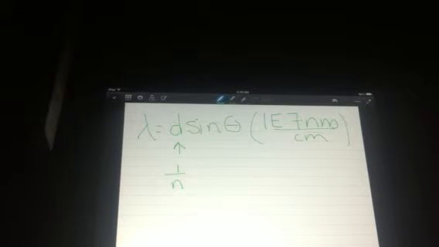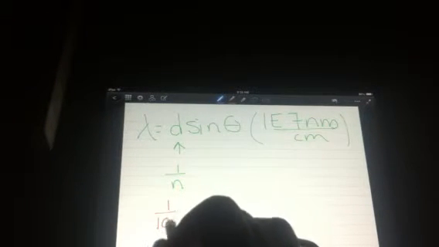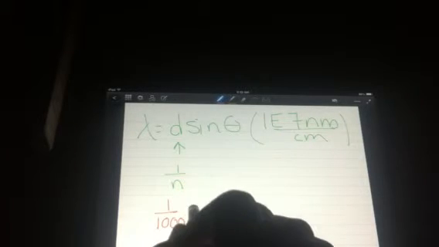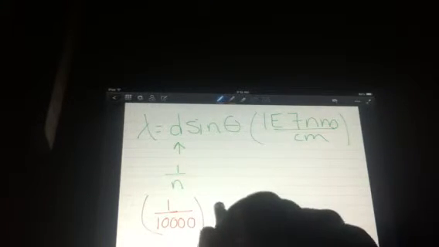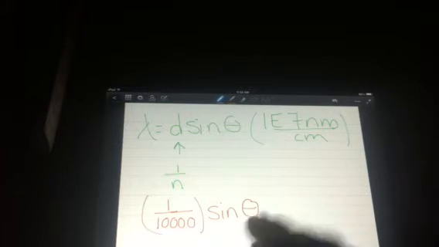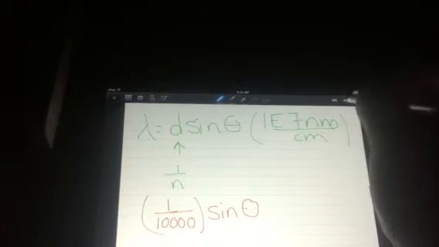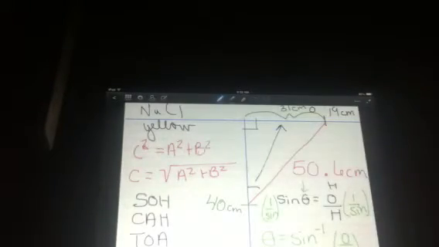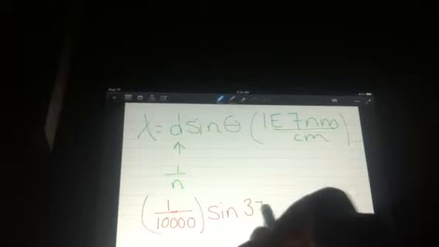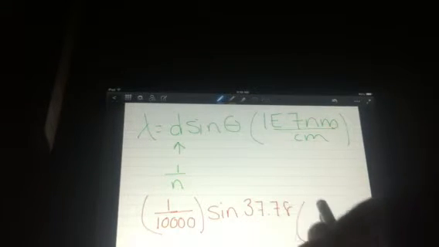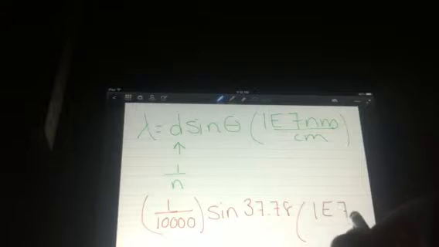I'm going to go ahead and give you the conversion for this one, instead of making you do it. And I'm going to add a 0 to it to do the conversion, so that we can have everything on the same measurement. And my angle from over here was 37.78. And my conversion is 10 to the 7th nanometers over 1 centimeter.